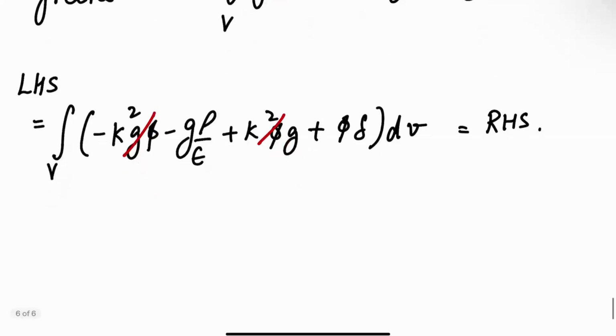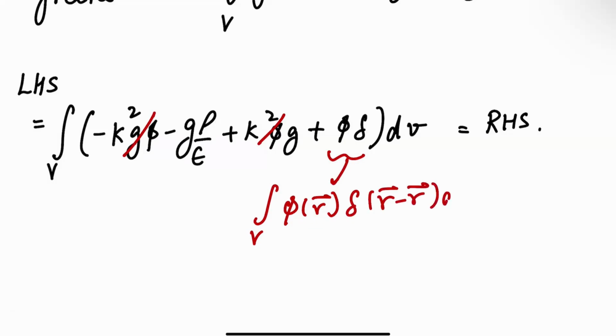All right. So when I take an integral, this term here is what? It's the volume integral of phi of r, delta of r minus r prime, dV, and that dV is over r.